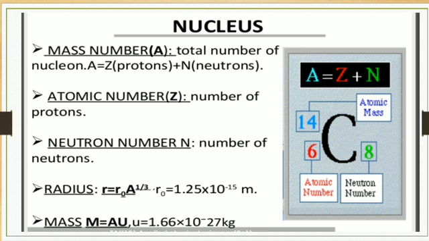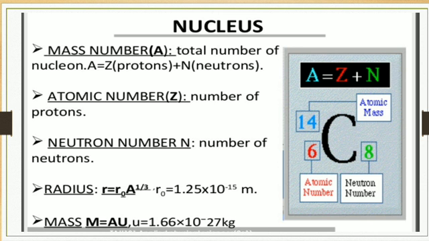Now come to the radius. The radius of the nucleus is equal to R naught A power 1 by 3. R naught is a constant value, 1.25 into 10 power minus 15 meter.